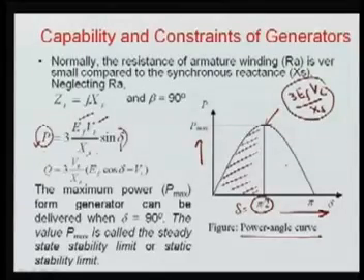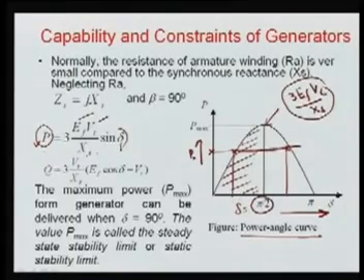Now for any value of P, let's suppose P naught, if you draw this line, we get two intersections, so for the power which this generator is delivering, we get one delta here and another delta here, say delta 1 and delta 2. Now the question arises, at which angle will this machine operate?